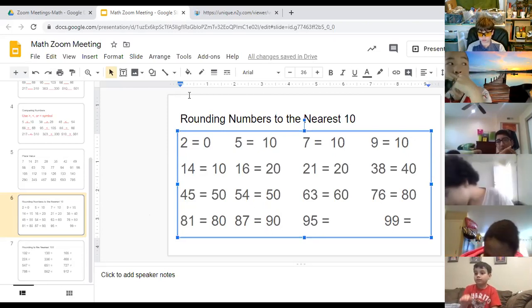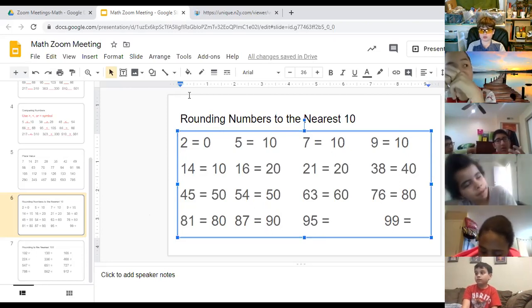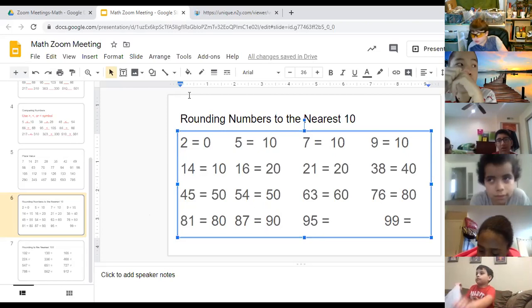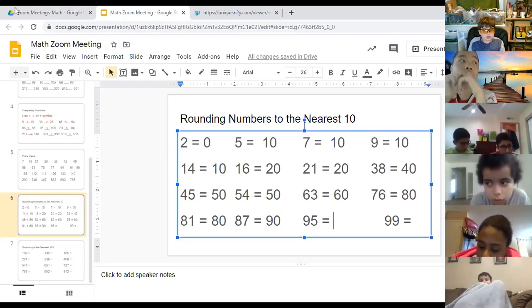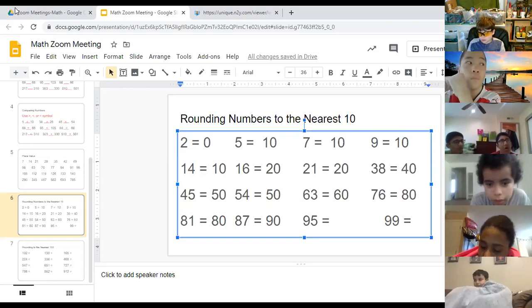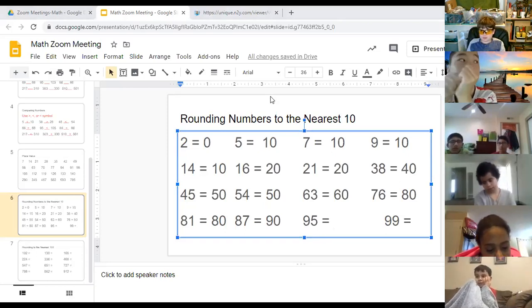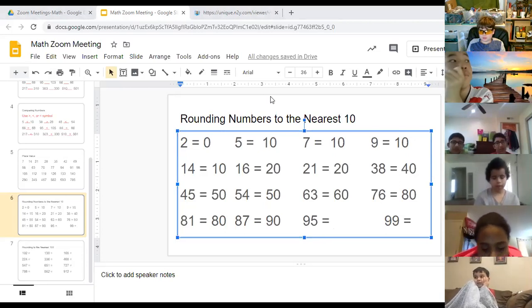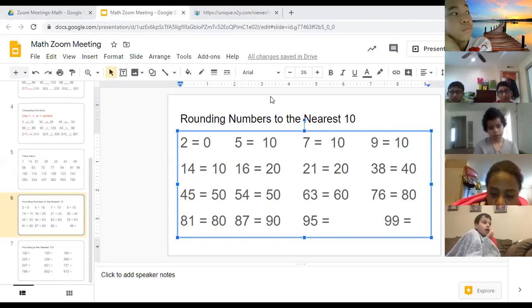Up or down? Up. Very good. I know what you mean. Round up. Why? Because 95 is the midpoint between 90 and 100. So if it is a midpoint or halfway point, we round up. Good job, Nathan.